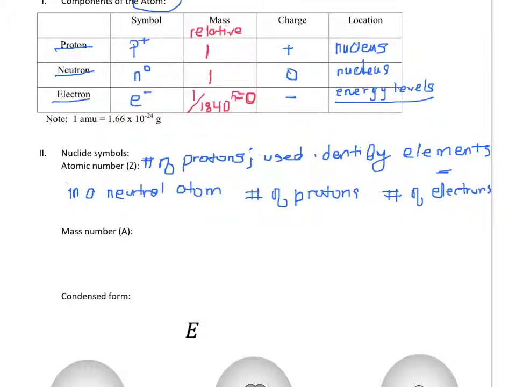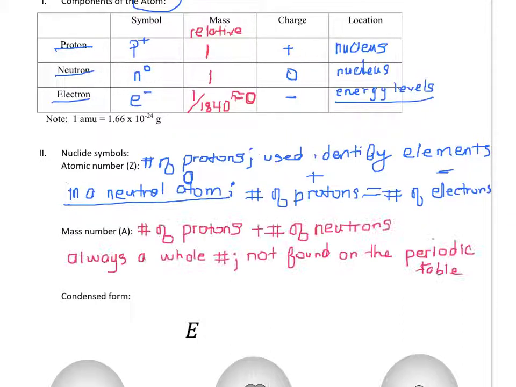Electrons have a negative charge, protons have a positive charge, and if the atom is neutral, the overall charge will be 0. So for the overall charge to be 0, protons must be equal to electrons. Okay, so in a neutral atom, the number of protons is equal to the number of electrons.